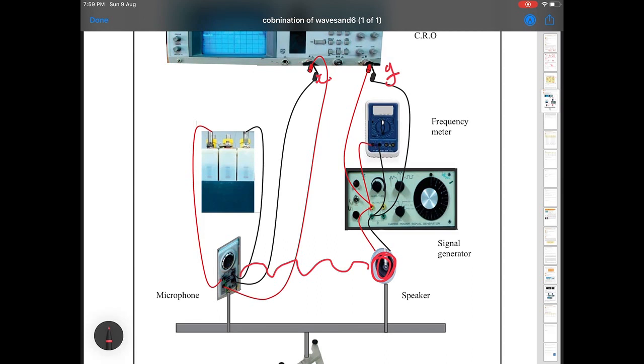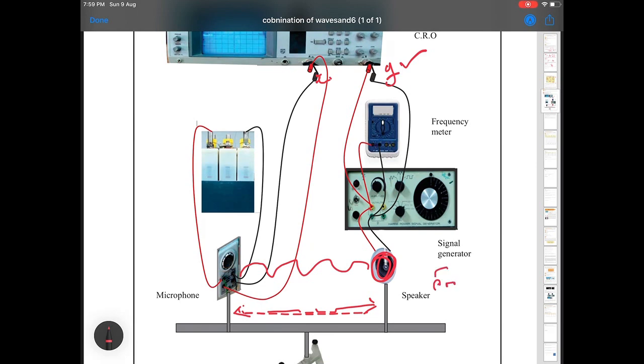The wave directly from the signal generator we feed into the Y channel of the CRO, and the sound reproduced by this mic traveled this much different distance. So this is the path difference. This much distance it traveled, so that it may have a phase difference.